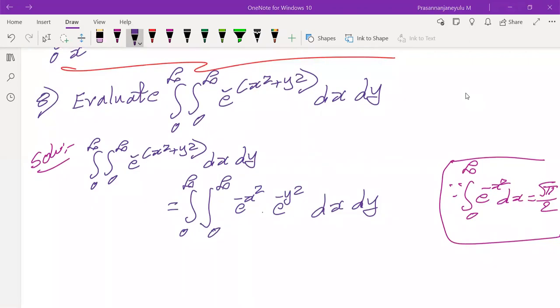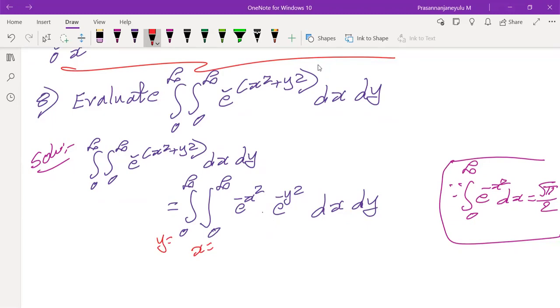As we discussed in double integration, the limits provided are all constants, 0 to infinity. In that case, we have to check in this way. On the interior integration we have x limits and on the exterior integration y limits, because of dx into dy.